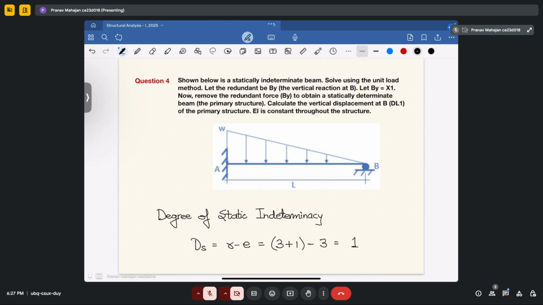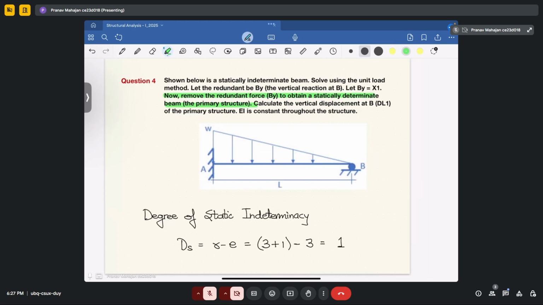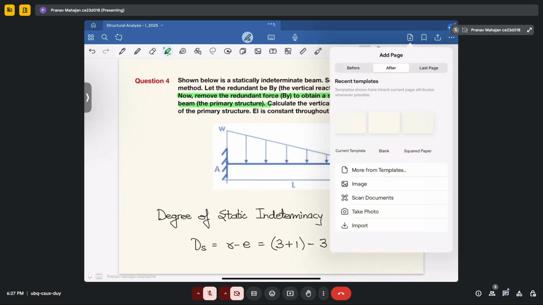Fine. Now after that, it is given to you that you have to remove the redundant force. You can see here: remove the redundant force By to obtain the statically determinate beam as a primary structure. So now let's remove this and then create the primary structure.